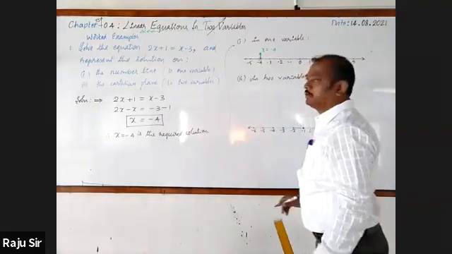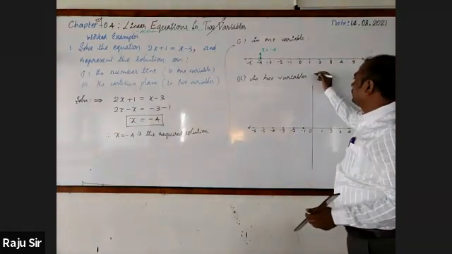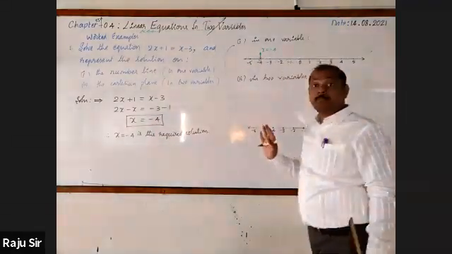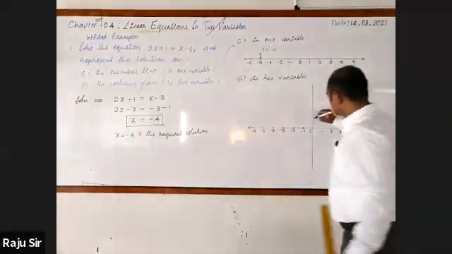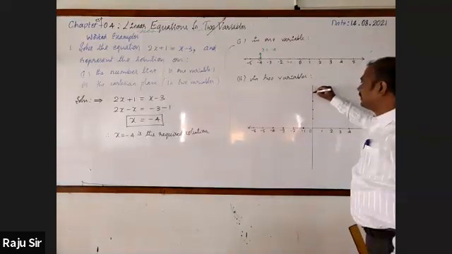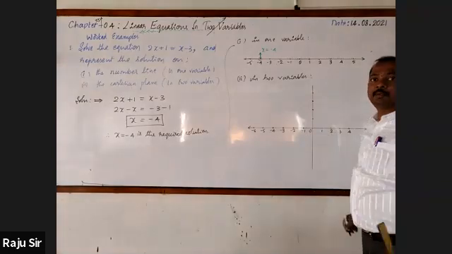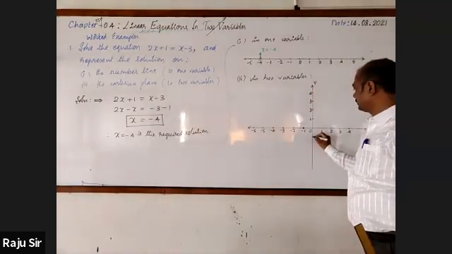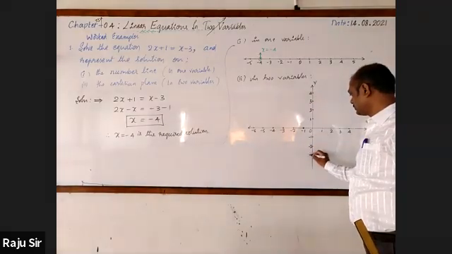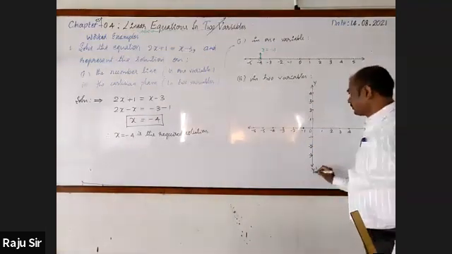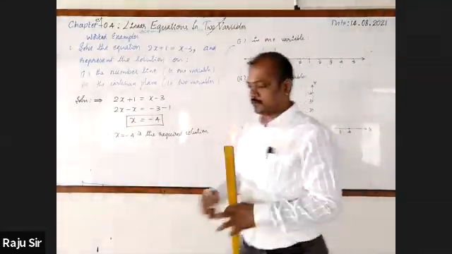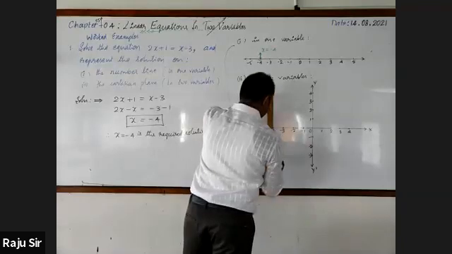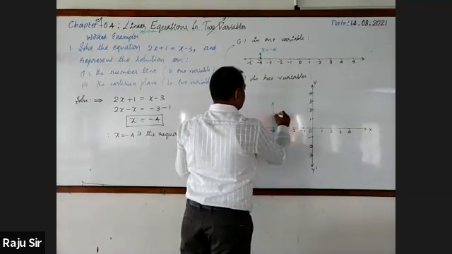Minus 6. It is understood. Directly we can, because as it is in the form x equal to constant, it is parallel to y axis. X equal to minus 4.